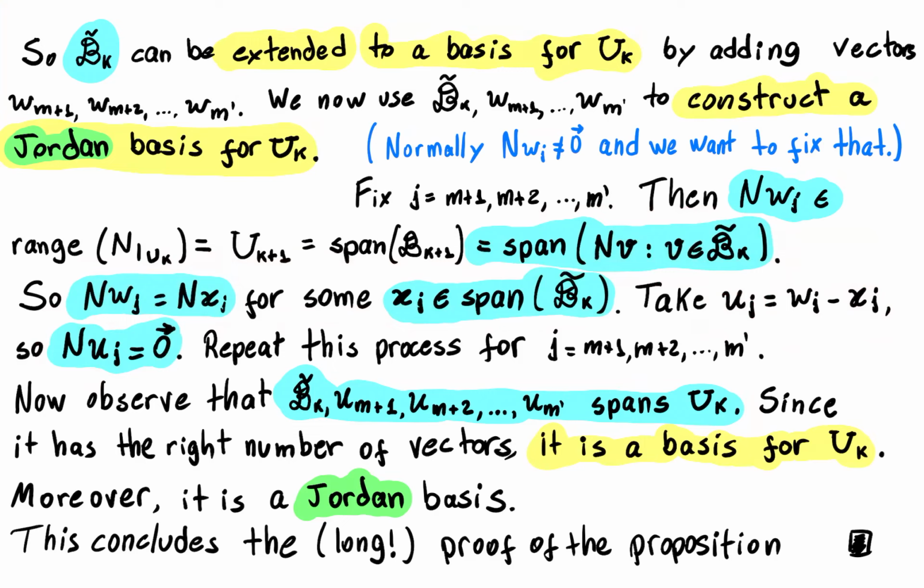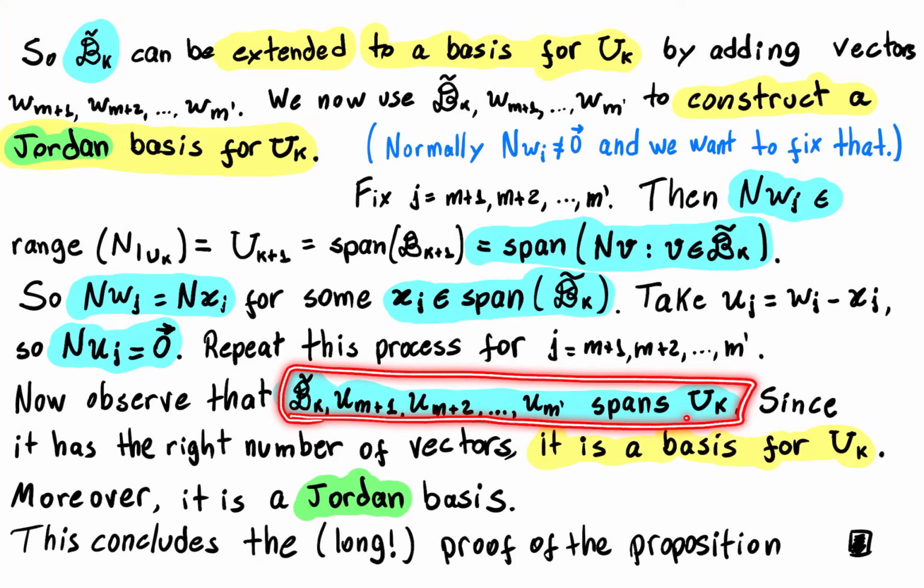Okay. And we repeat this process for all of these vectors that we got here. And we observe the following. This collection here will still span UK. Yeah? Why will it still span UK?